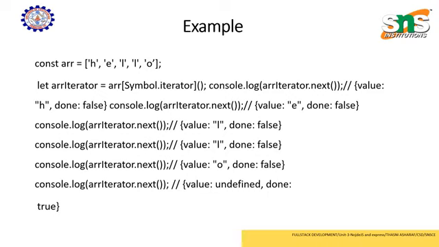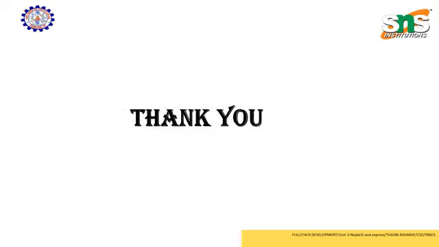If it is false, it will execute the next statement, going on to the next letters: H, E, L, L, O. If it is undefined, then done becomes true, else it is false. So that's it. Thank you.